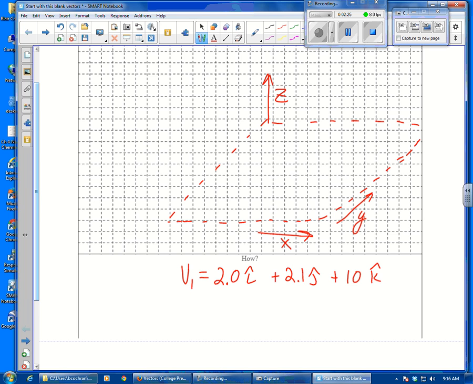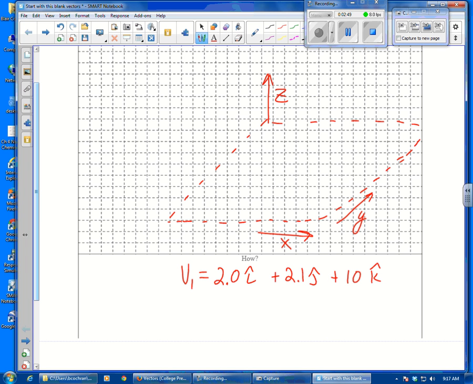Can you guys picture what I'm trying to draw? 3 dimensions there? Kind of. Yeah, I know. It's not the best drawing. Well, this is a perspective of like a piece of paper. So like my hand, I'm trying to draw my hand pointing up that way and then z coming up off of it.